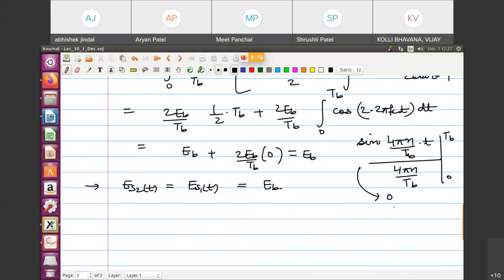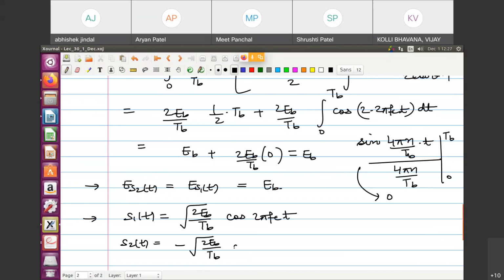Now, we know why the root of twice of EB by TB comes. S1(t) is given by that times cos of 2 pi FC t, and S2(t) is given as minus root of twice of EB by TB cos of 2 pi FC t.